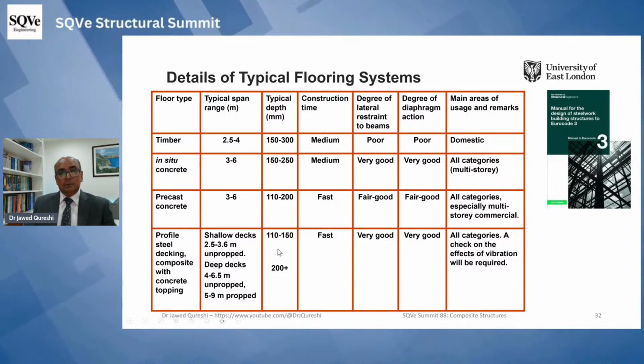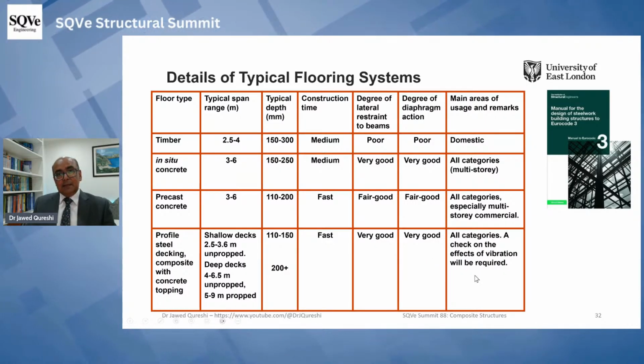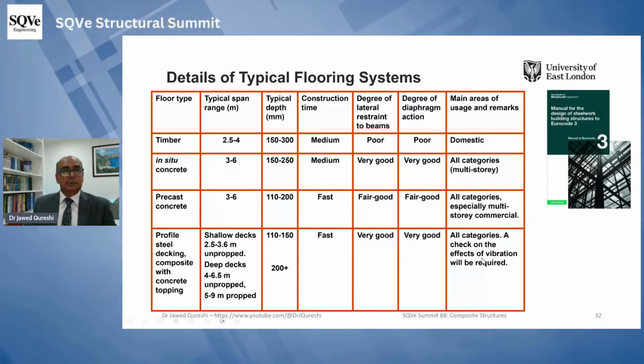Depths are 110 to 150 and 200 plus, the construction time is fast and degree of lateral restraint is very good. And diaphragm action is very good as well. And we use it in almost all categories, but the vibrations must be checked.